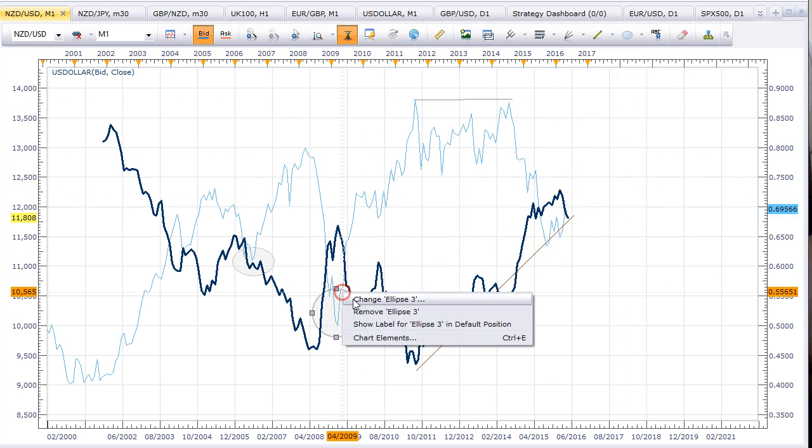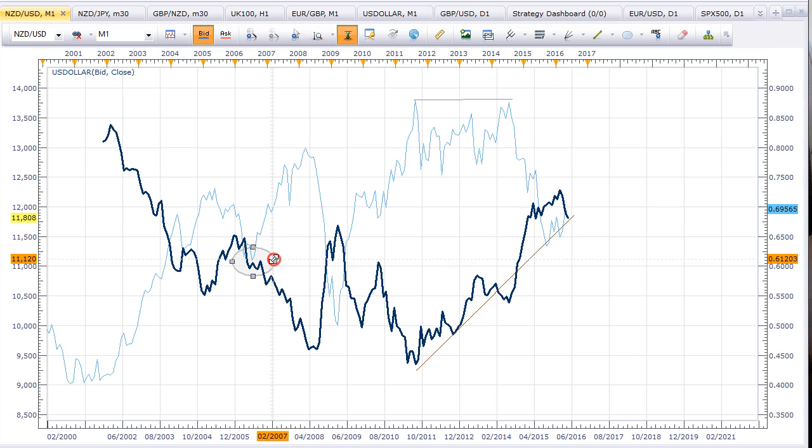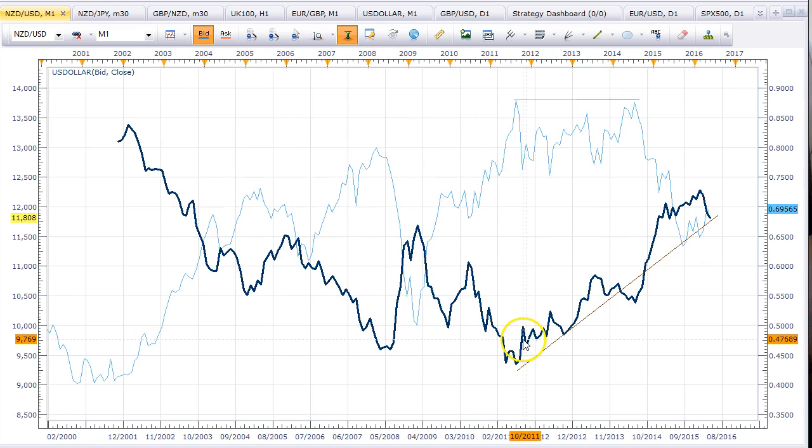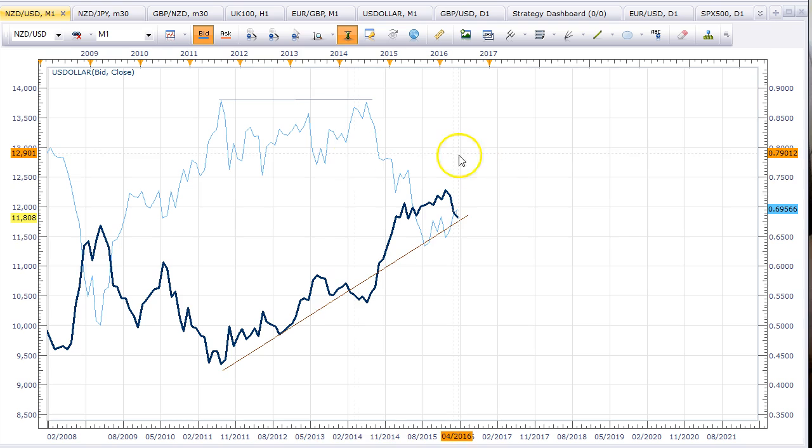So again, seeing things in perspective sometimes can help to reevaluate what you're actually seeing, and also taking both sides of a currency pair, looking at the movement of something like the dollar as an index by itself, as opposed to just paired up to another currency, makes you appreciate how that particular index is performing and what influence that might have on a major like the Kiwi US dollar.